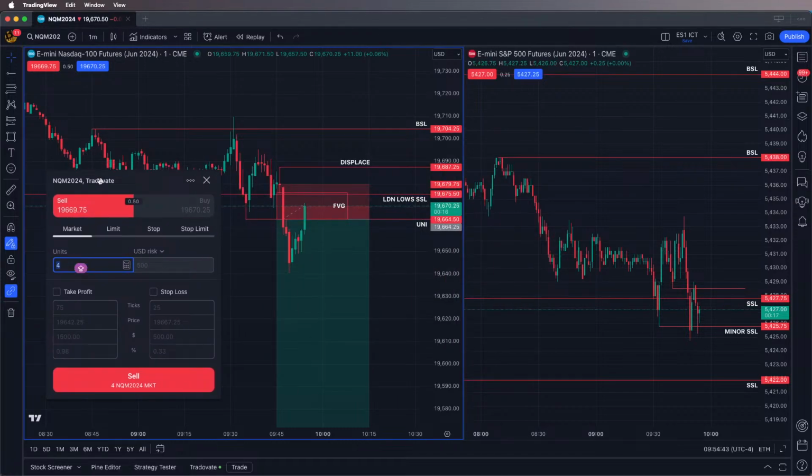If it just runs through this 1-minute bearish gap, then obviously we're going to be looking for longs.